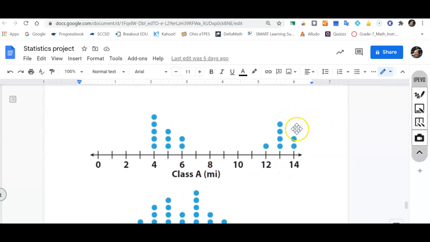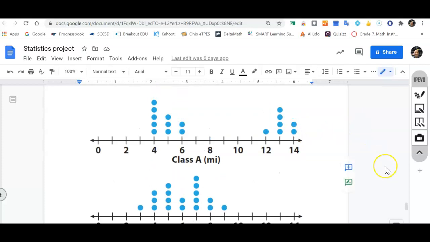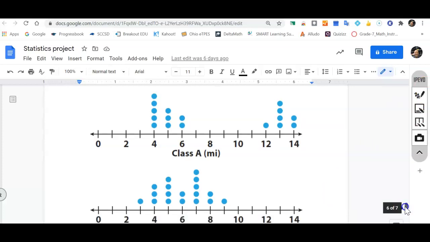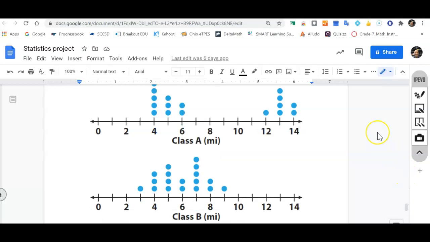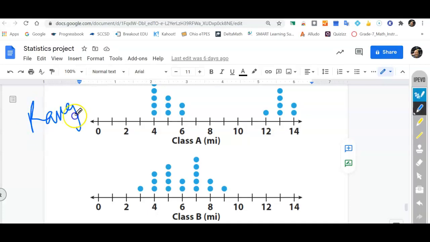So what about these? Which one is more consistent? Which one has a lower variability? Class A or Class B? So if I'm looking for the range, I go from 4 down to 14, right?